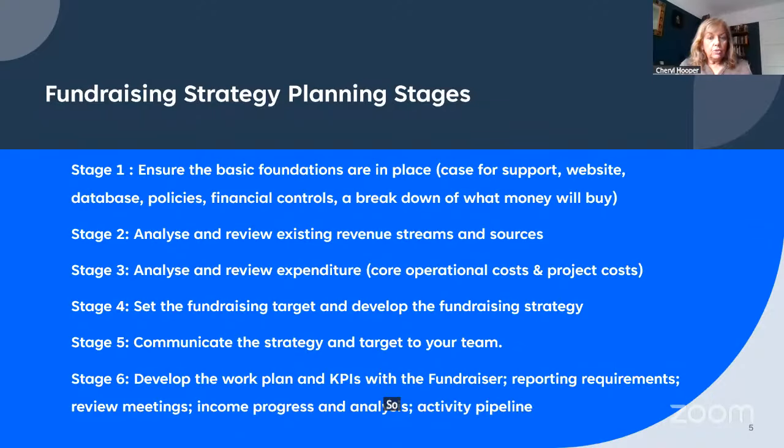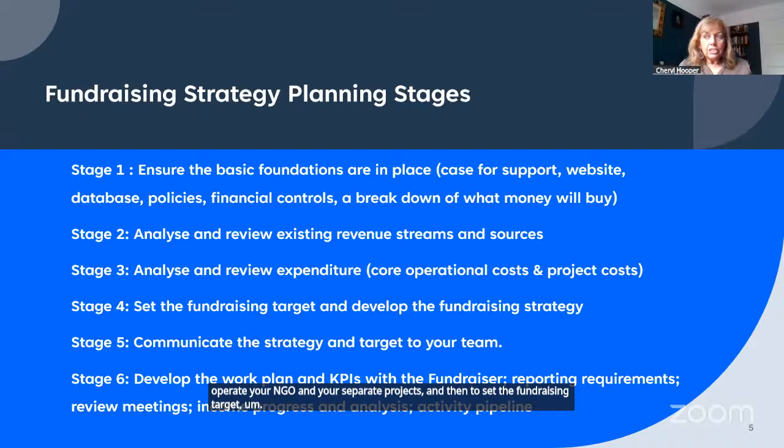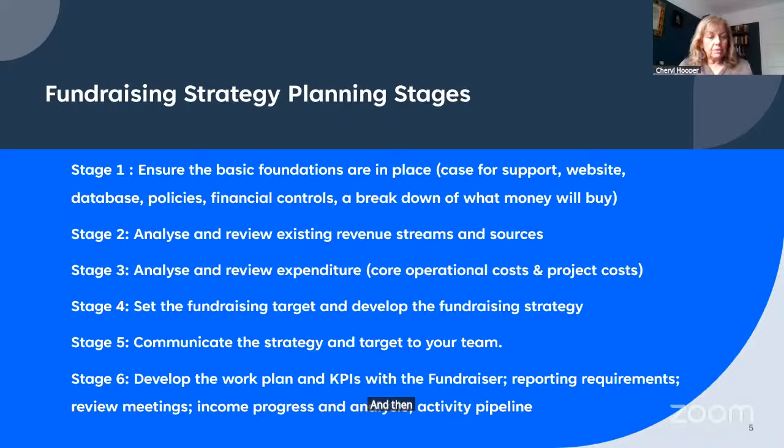Then also to analyse and review your expenditure, to really understand how much things cost to operate your NGO and your separate projects, and then to set the fundraising target, a communication strategy in terms of how you're going to communicate to your donors, and then the work plan comes after that.